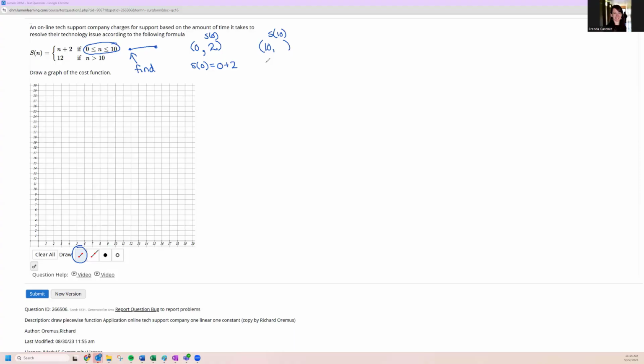And when I plug 10 into that function, I end up with 12. Once I calculate that, I'm going to grab my segment piece and put the endpoints at (0, 2) and (10, 12).